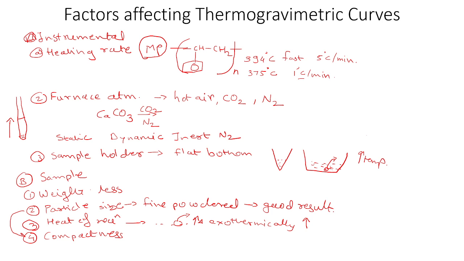Particle size and compactness are one and the same. If it is in powdered form, obviously it is less compact and you will get a good result. If it is more compact, it is not in powdered form, so obviously you are not going to get a good result, because due to compactness of the substance, to decompose it you need to supply more energy.